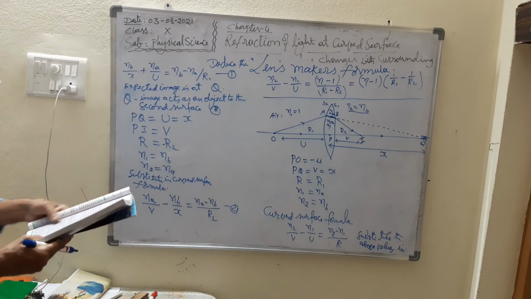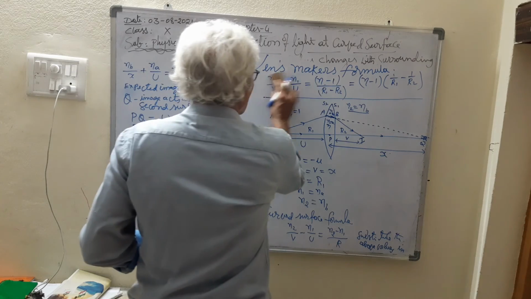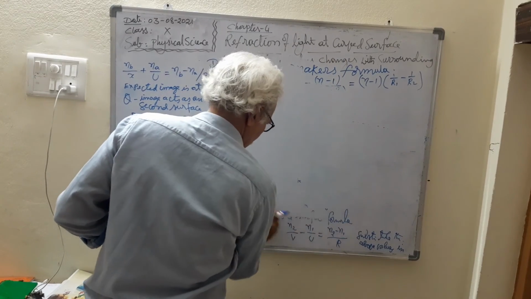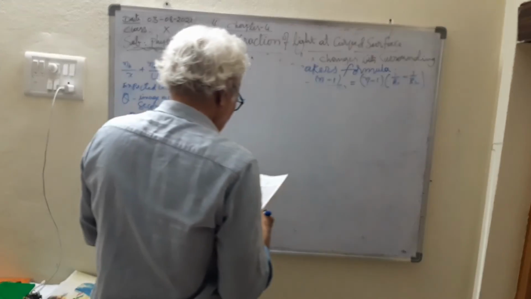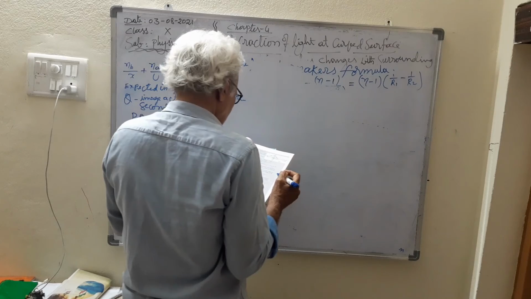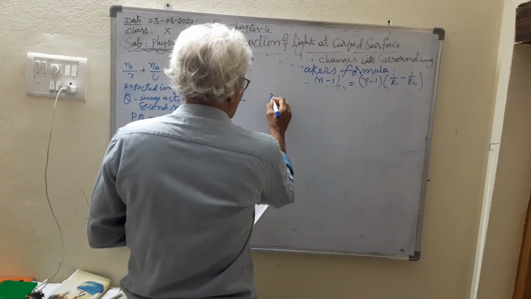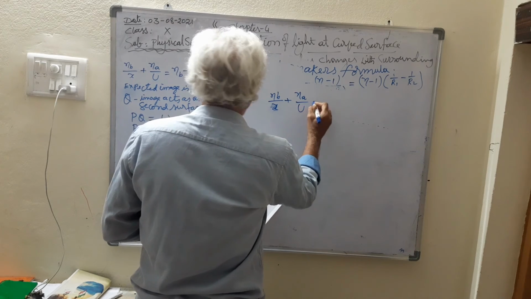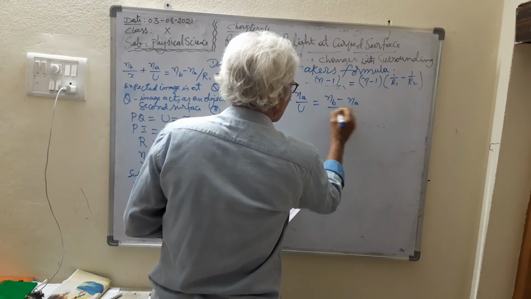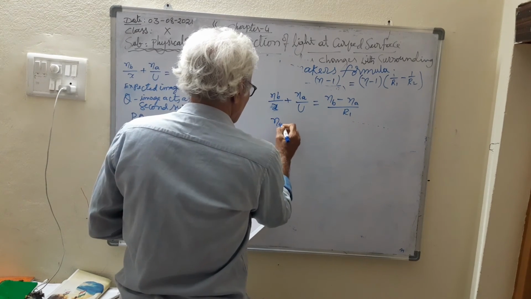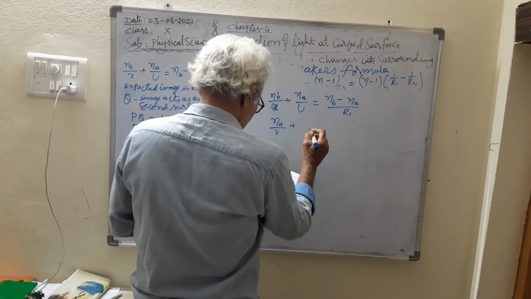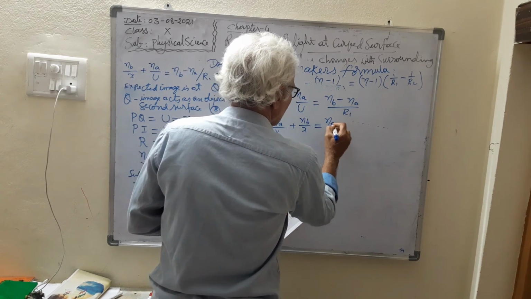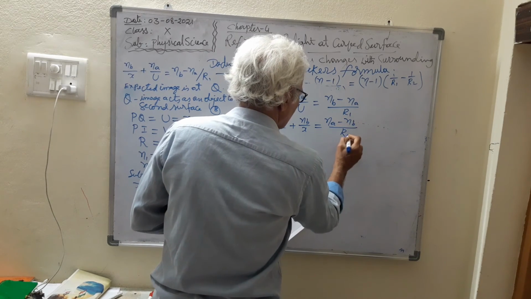Now add the two equations, 1 and 2. When I add 1 and 2, NB by X plus NA by U is equal to NB minus NA by R1, plus NA by V minus NB by X is equal to NA minus NB by R2.